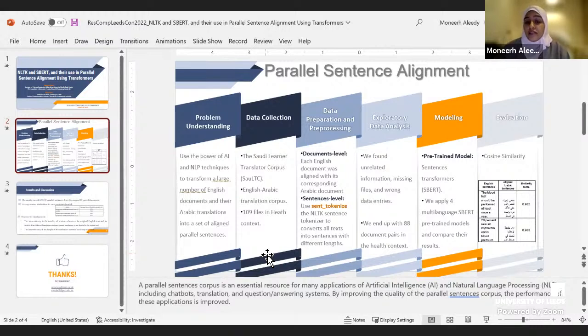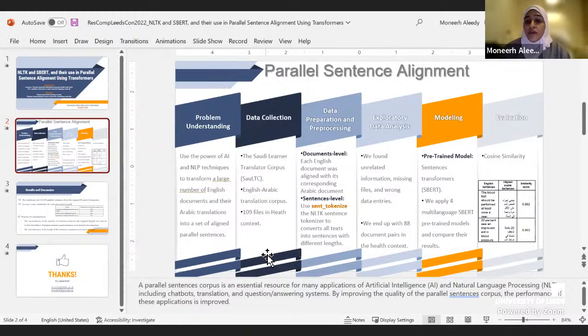tokenization using sent_tokenize, the NLTK sentence tokenizer tool, to convert all the text in the corpus into sentences of different lengths. During this process, I explored the data and found some problems inside it.